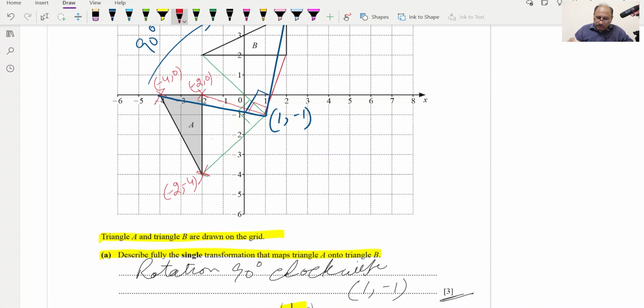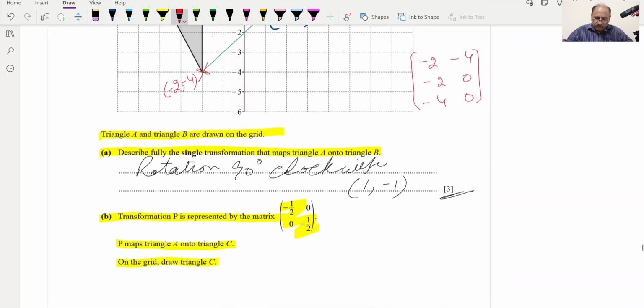So if I write down the coordinates, it will be -2, -4, and the second we can take -2 and 0, and -4 and 0, and I can write it in matrix form like this one. And this matrix I will move over here.